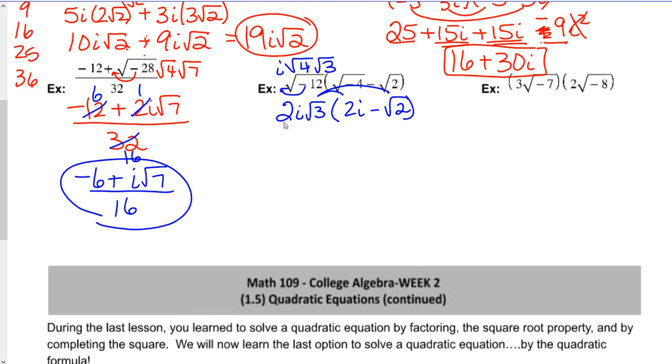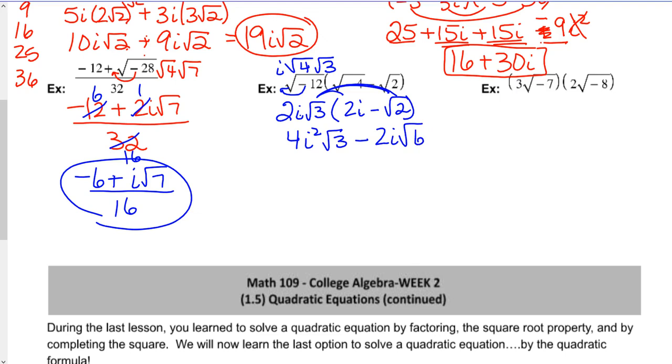We're only going to combine outside numbers together and the i's together. So 2 times 2 is 4. i times i is i squared with that square root of 3 minus, now I have to multiply this times this. Well, since this is a radical, I'm going to combine it with just that radical of 3. Nothing gets combined with the 2i's. So I have a 2i, and 3 times 2 gives me a 6.